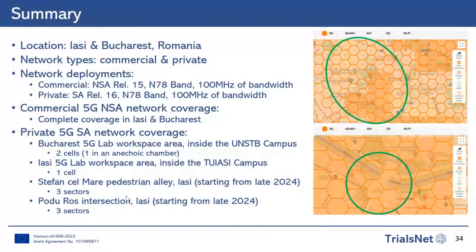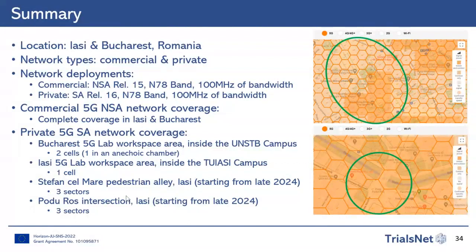So for this open call, we are targeting actually 2 locations from Romania. So we have Iași, where we are actually deploying the use cases from the project, and we also have Bucharest. In terms of the network types, we have both commercial and private deployments. The commercial deployment is NSA release 15, and the private one is standalone release 16.